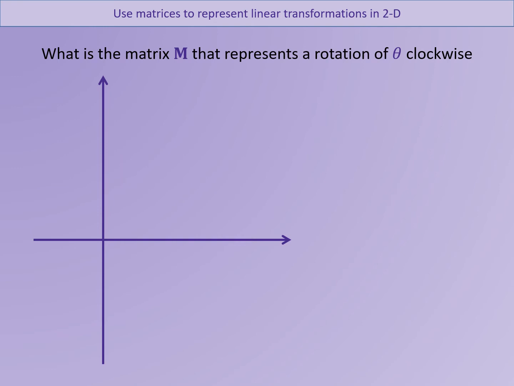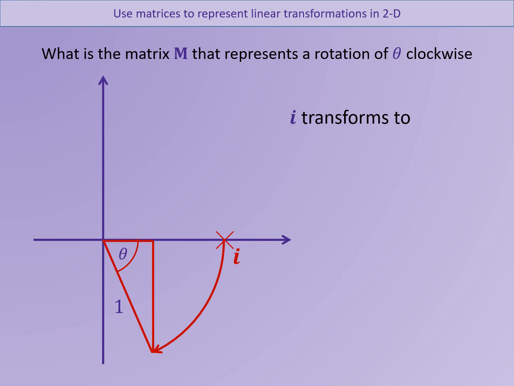What is the matrix M that represents a rotation of theta degrees clockwise? Let's see where i is transformed to. As it rotates round by an angle of theta, its distance away from the origin remains 1 as it was a unit vector. Now if we make a right angle triangle here, we can use trigonometry to work out the coordinates of this point.